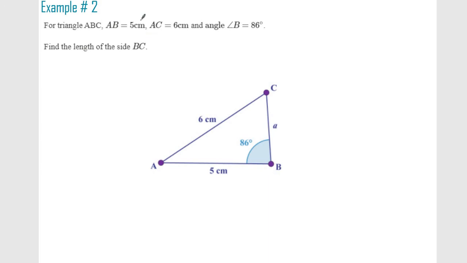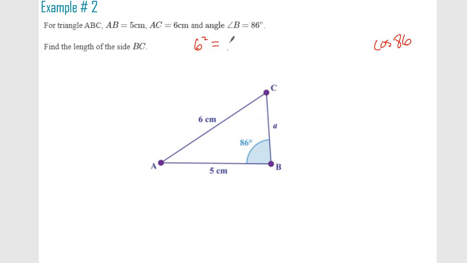Now we're going to do another example. On this one, you want to make sure you know how to set up your law of cosines, because we have one angle and we're trying to figure out those sides. It's going to end with cosine of 86, so we need it to start with the side opposite it. So 6 squared.